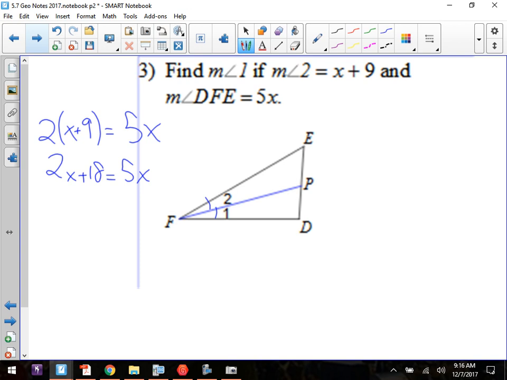We get 18 is 3x. And that gives you x is 6. Now it asks you to figure out what angle 1 would be. Well, what's 6 plus 9? 15. And if you double check it, what's 5 times 6? It happens to also be 15, or excuse me, 30, which is good because half of 30 is 15.